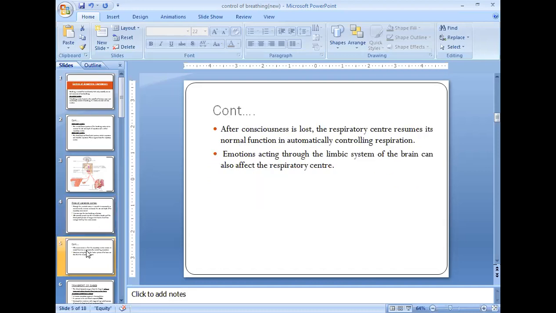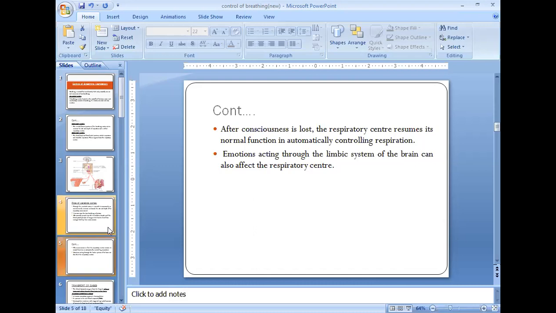After consciousness is lost, the respiratory center resumes its normal function in automatically controlling respiration. The cerebral cortex was controlling breathing consciously, and when it causes unconsciousness, the medulla automatically controls the process of respiration and brings the body back to its original position.